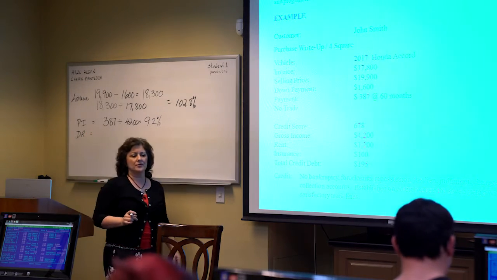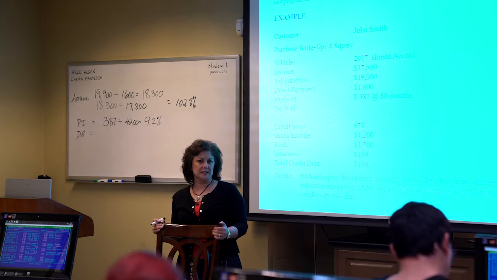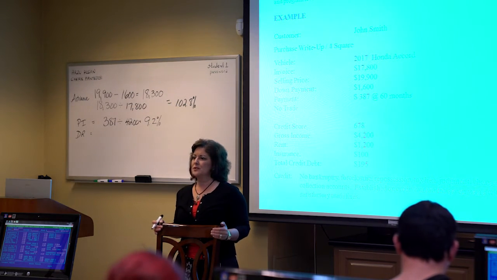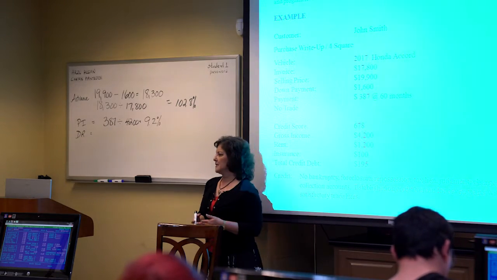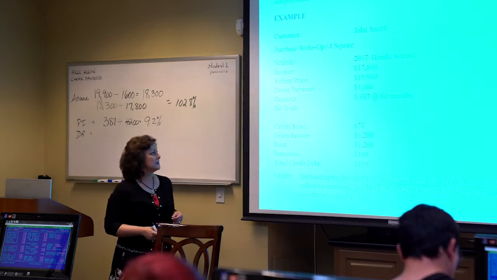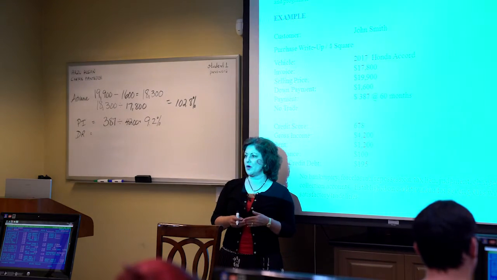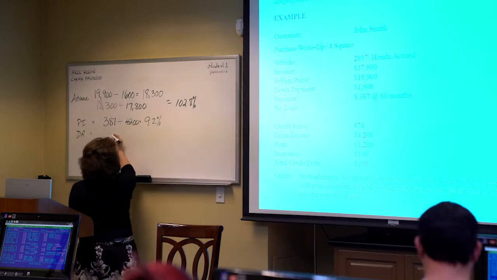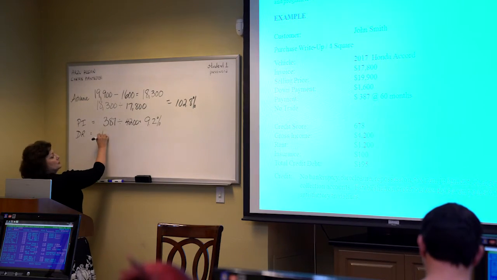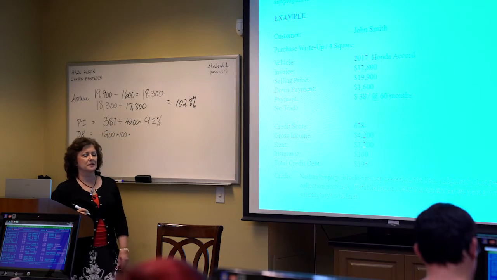Some of them may also ask, not all of them in prime lending, but they have the right to check the debt ratio as well. So let's go ahead and see what the debt ratio is for the customer. That's going to be adding up their rent, insurance, credit payments, and the car payment of the car they wish to add to their monthly debt structure. So I'm going to take their rent of $1,200 plus $100 for insurance.